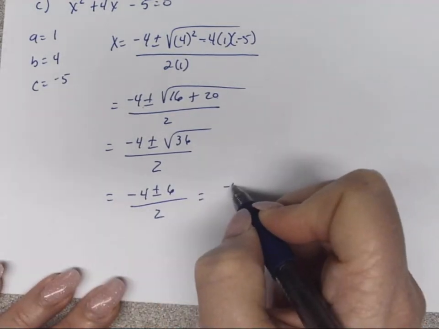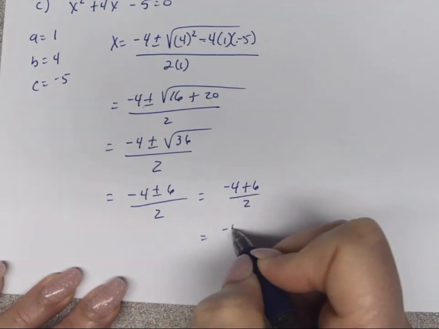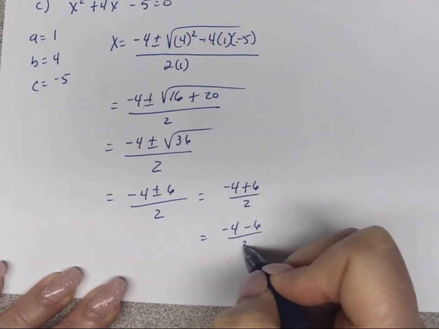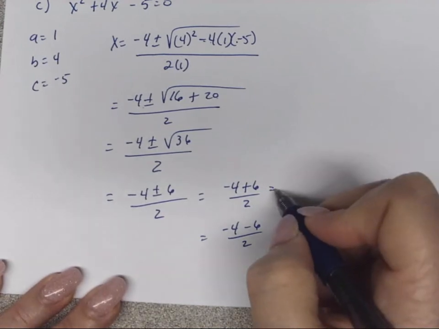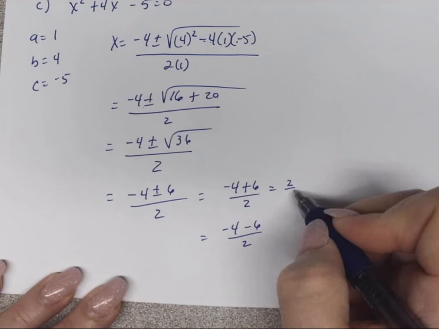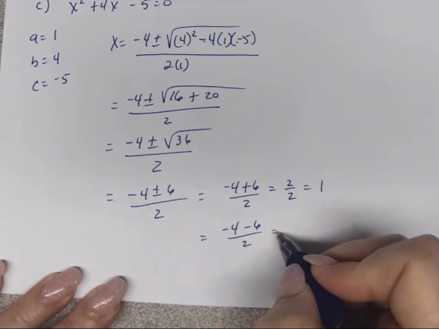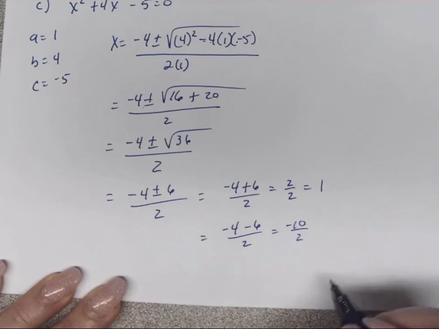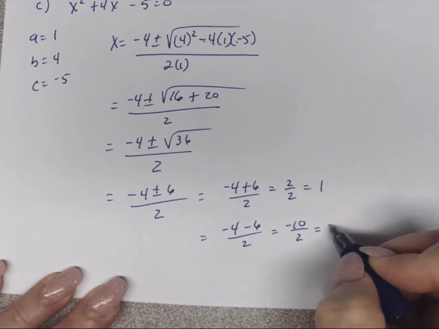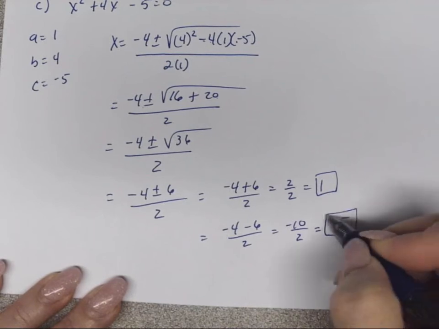This will get us 2 answers, the negative 4 plus 6 over 2 and the negative 4 minus 6 all over 2. Negative 4 plus 6 will get us 2 over 2, which is equal to 1. Negative 4 minus 6 will get us negative 10 over 2, which will be equal to negative 5. So these will be our 2 answers.